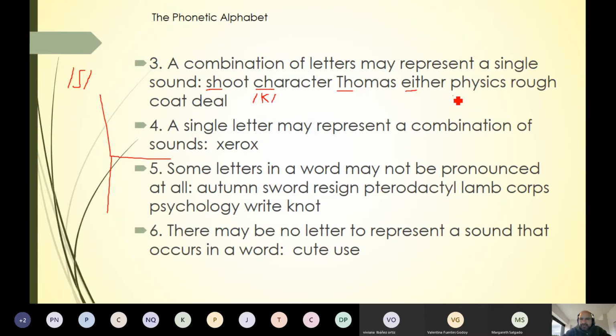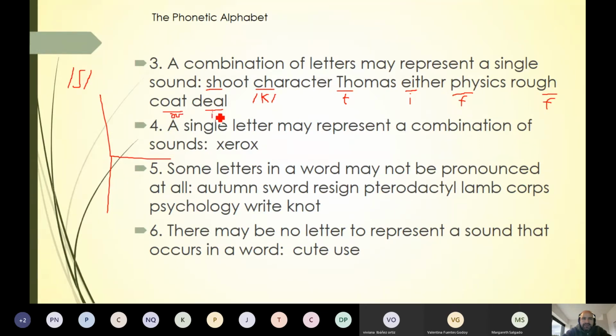So we have character, Thomas, either, physics, rough, coat, and deal.